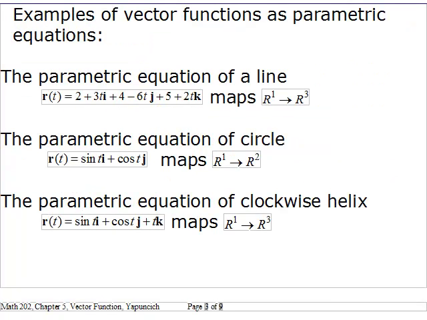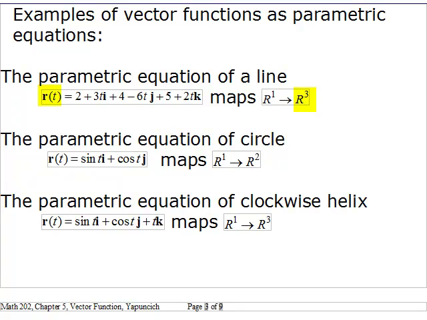Here are some hopefully familiar examples of the vector functions as parametric equations that have been studied in the first 4 chapters of this class of Calculus 3. The first one was a function that used vectors to draw out a line in R3.